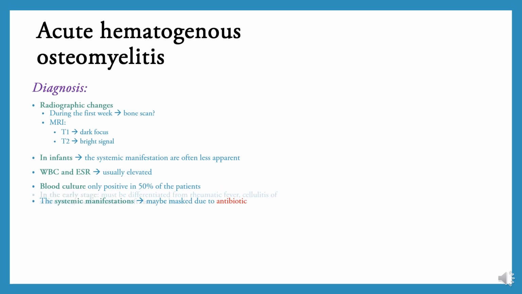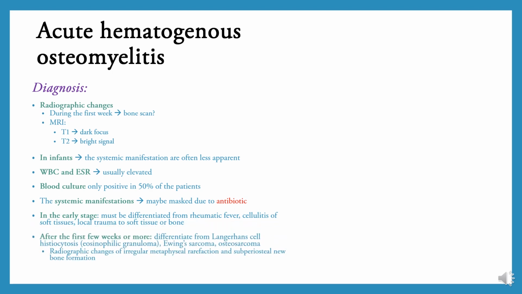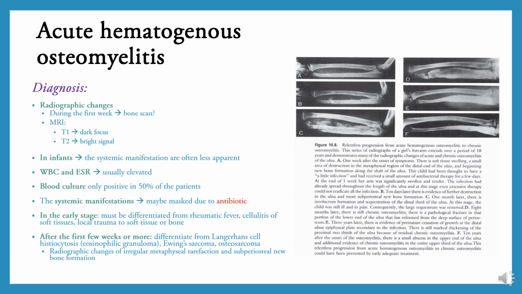The systemic manifestation may be masked due to antibiotics. In the early stages, it must be differentiated from rheumatic fever, cellulitis of soft tissue, local trauma to soft tissue or bone. After the first few weeks or more, differentiate from Langerhans cell histiocytosis, Ewing sarcoma, and also osteosarcoma.